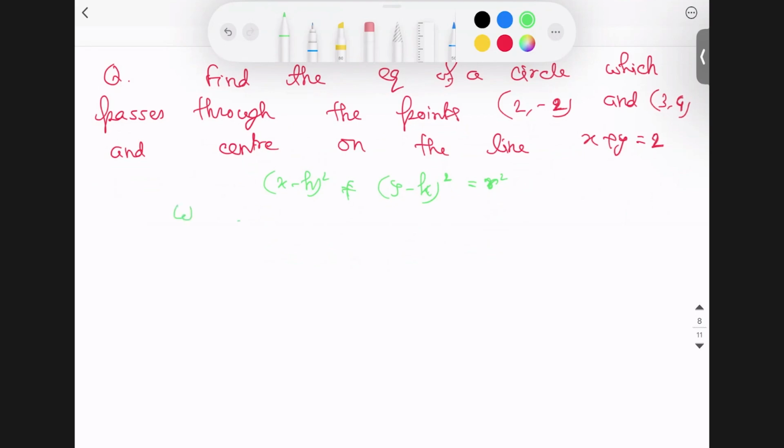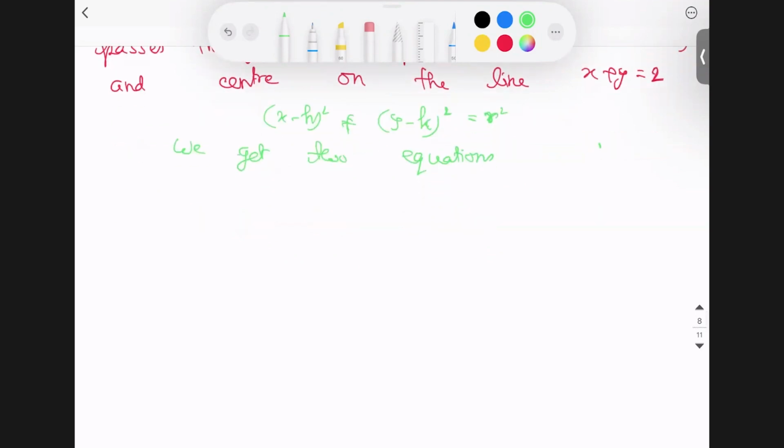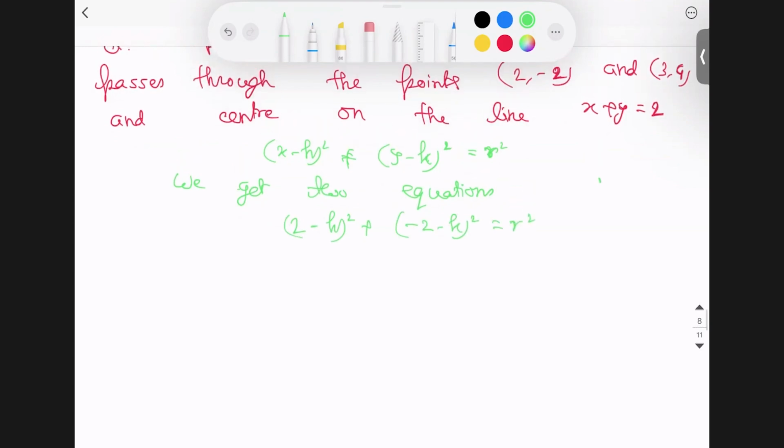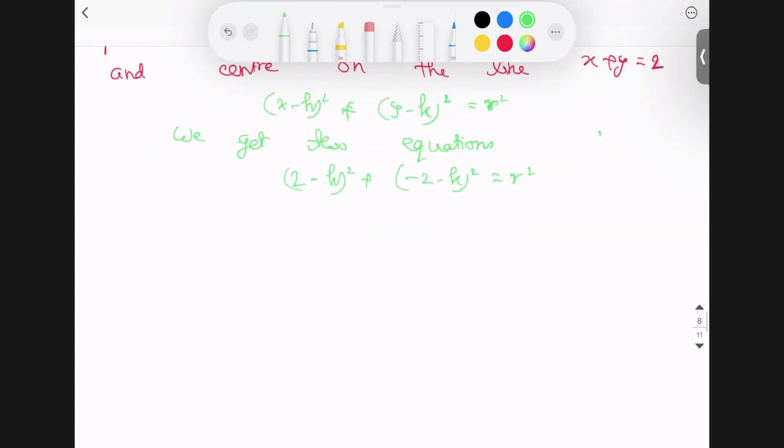Then we get equations which are of the form like this: (2 minus h) whole square plus (minus 2 minus k) whole square, which is equal to r square. And this is nothing but simply gives us the equation of the form (2 minus h) whole square plus (2 plus k) whole square is equal to r square.